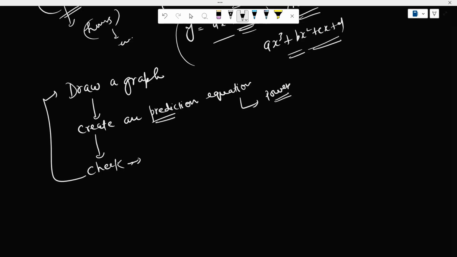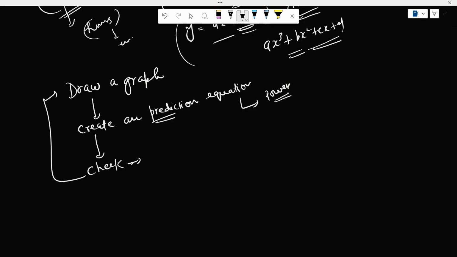The curve you have created touches not exactly every point, but almost all of the points. If you find that, then that will be your polynomial equation. That is known as polynomial regression.